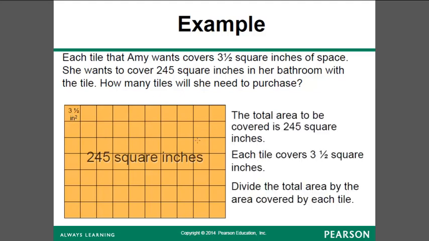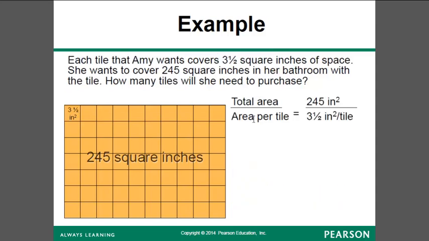So I know that the total area is 245 square inches. I know that each tile covers 3.5 square inches. So I want to divide the total area by the area covered by each tile. So that's 245 square inches divided by 3.5 square inches per tile.